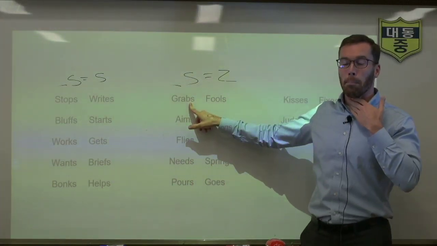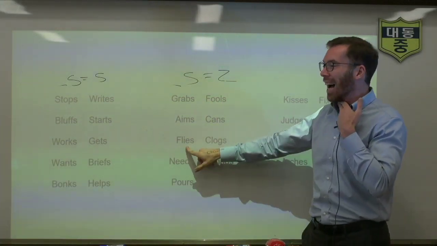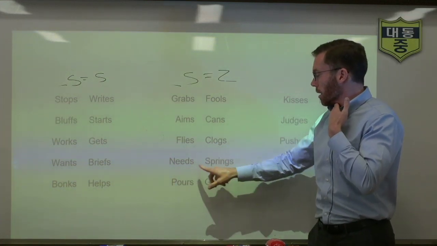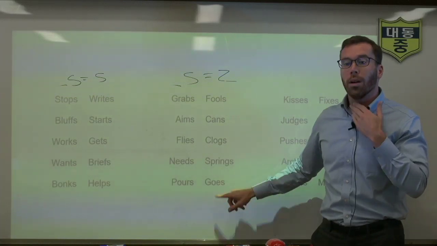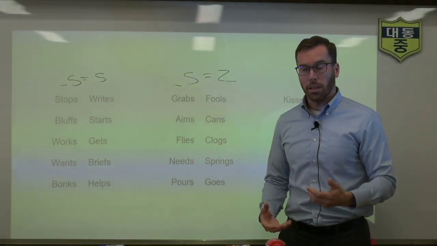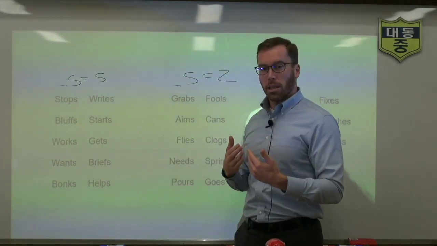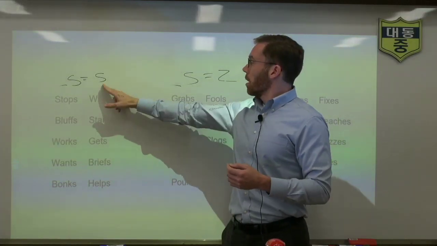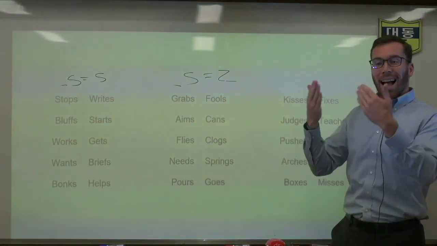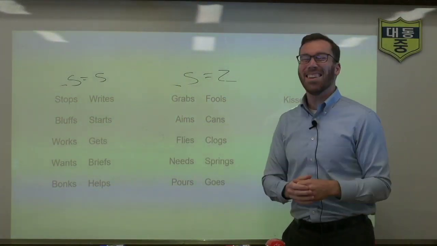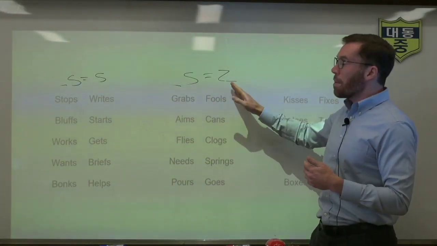On this one, B, I, G, D, G, O. These are all voiced. When the sound before the S is voiceless, the S makes an S sound. When the sound before the S is voiced, we make a Z sound.